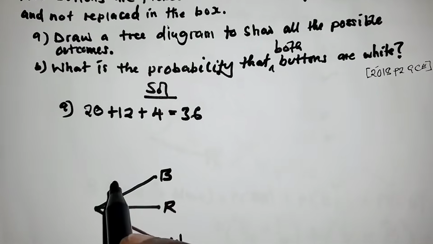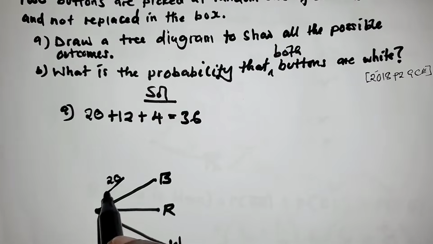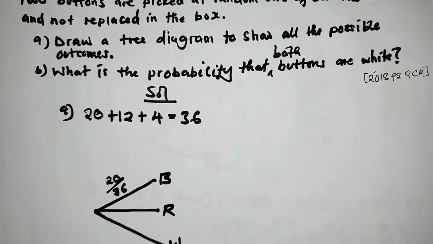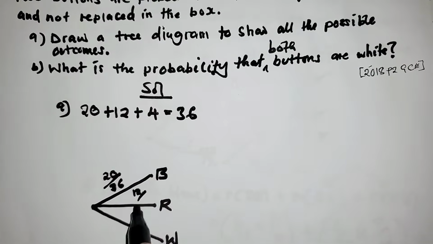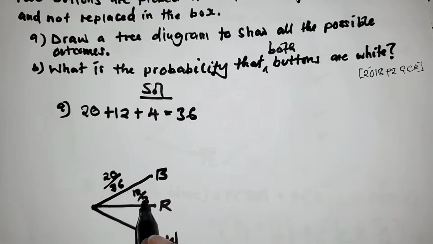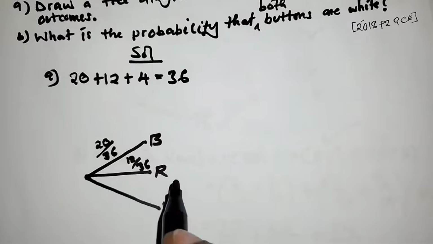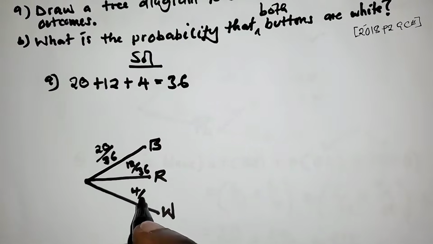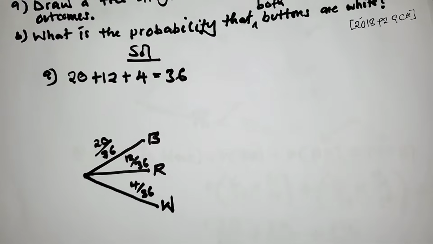Black: how many black buttons do we have? We have 20, over the total number of buttons in the box, which is 36. Red, we have 12 out of the total 36 buttons. How about white? We have 4, so 4 over 36. This is the first part of our tree diagram.